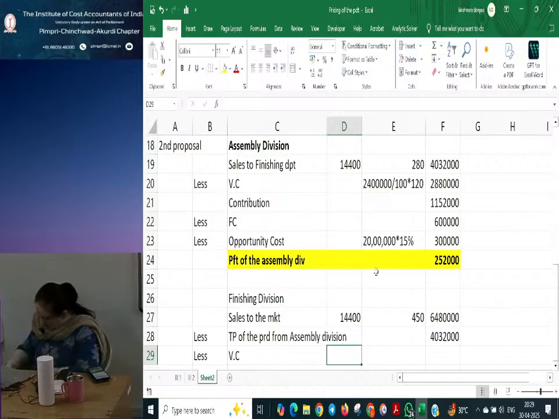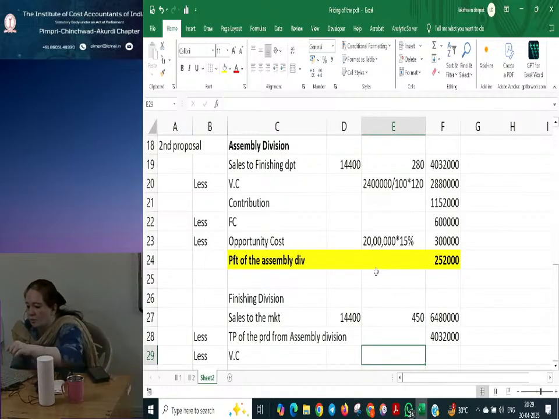If you see the variable cost, 5 lakhs, 1 lakh, 6 lakhs is the variable cost. So 6 lakhs is for how many units? 6 lakhs for 9,000 units. So then what is it for 14,400?